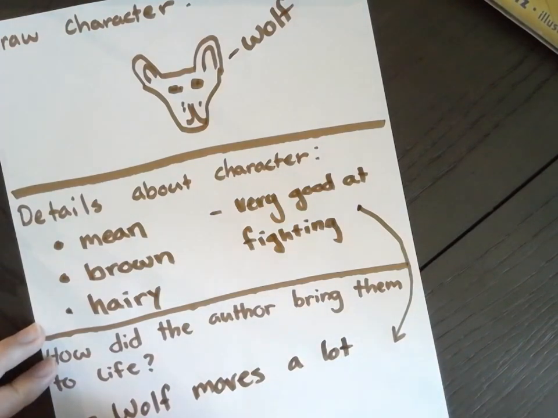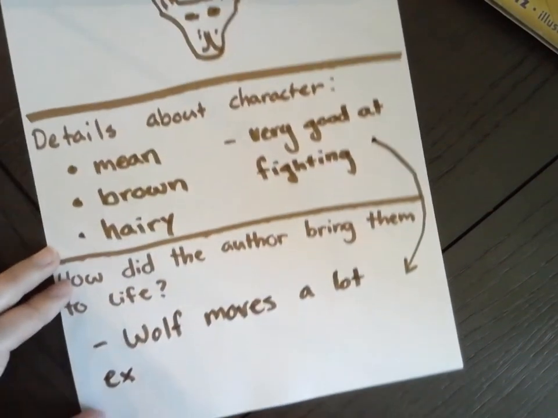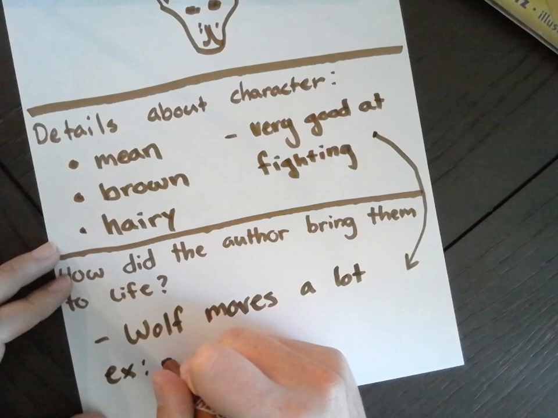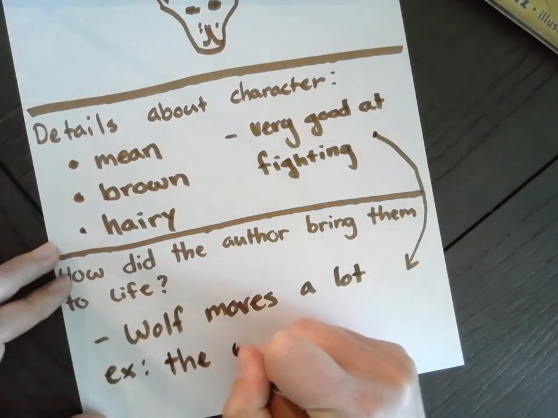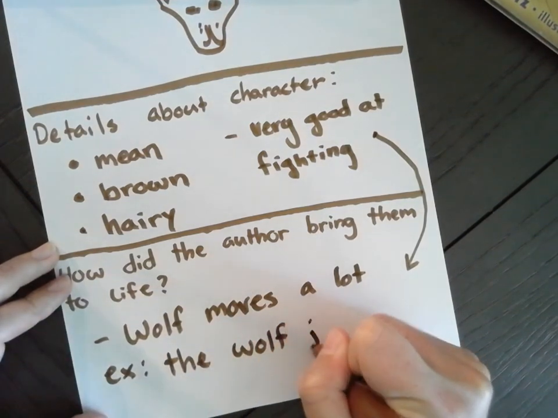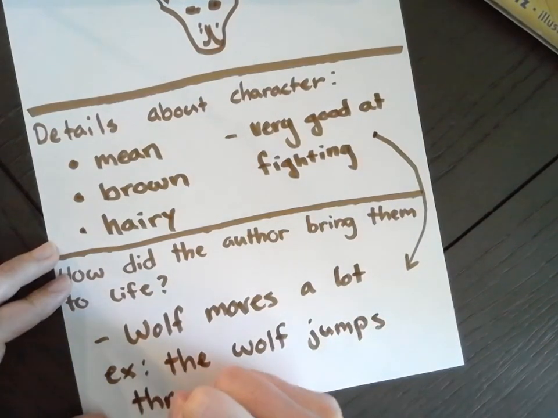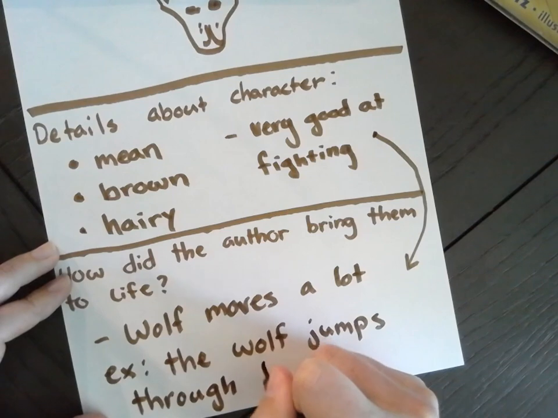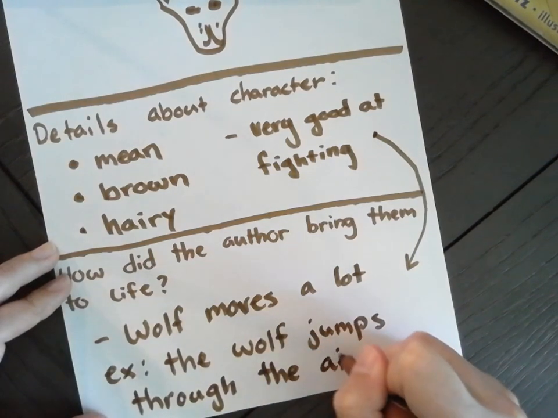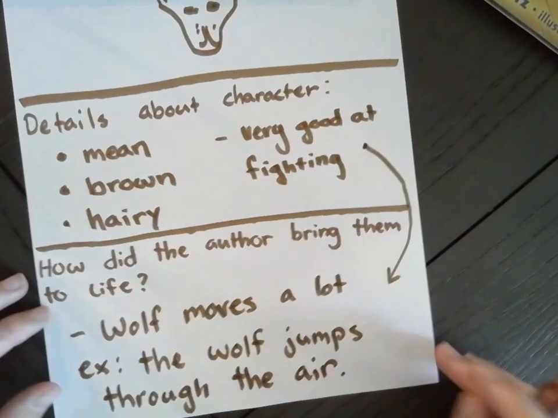And an example I can give, because it's always good to prove your point with an example, is that the wolf jumps through the air. And that proves that he has a lot of movement.